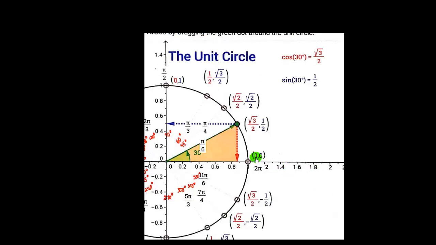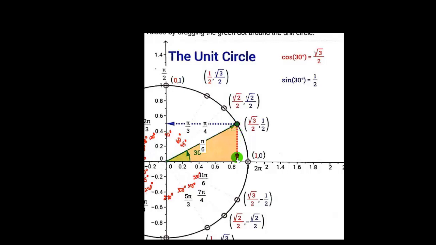Now, the really easy part of this is that the x-coordinate is always the cosine of the angle. In red, you can see it in red here. The y-coordinate of that point on the unit circle is always the sine of the angle. So if we have, as is done in the example here, a 30-degree angle, the radius of the circle is 1 unit.